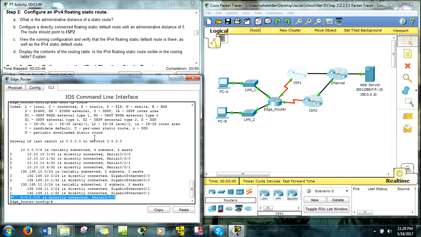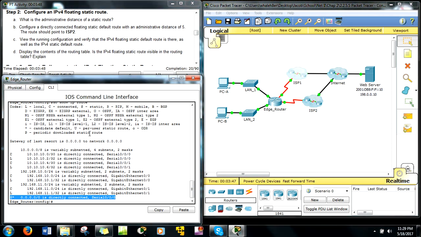EIGRP is 90. IGRP, that's a legacy routing protocol, is 100. OSPF is 110 and RIP is 120. Now, you hope you were taking notes there because you're going to need to know that soon. So we answer that question.